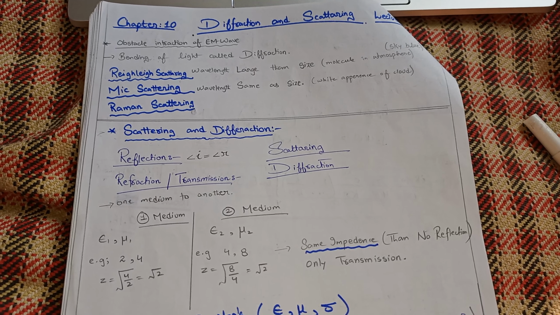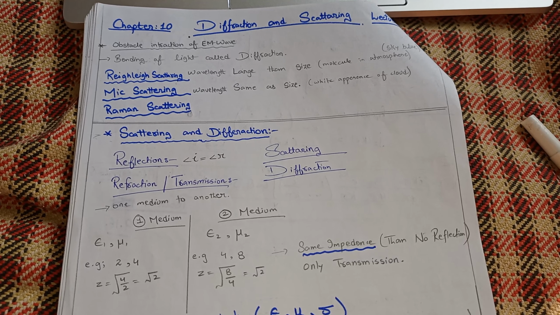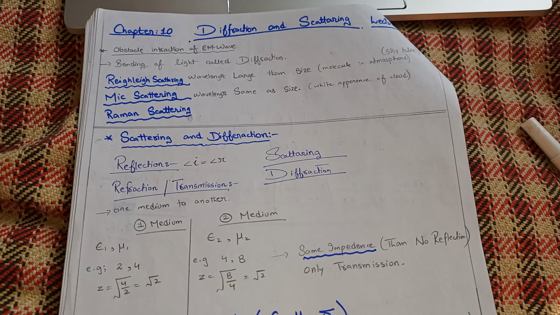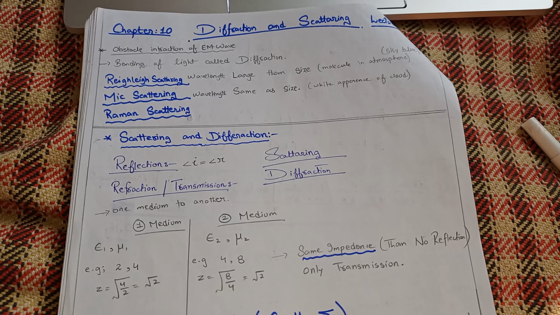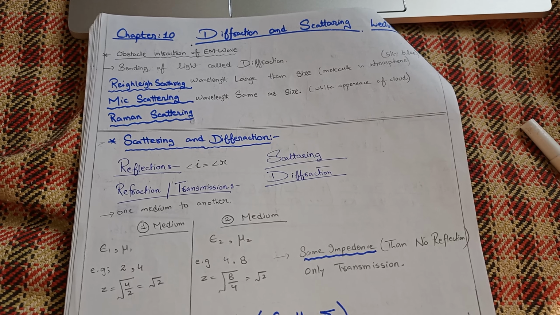Either it will diffract or it will be scattered. So one of these two phenomena should happen after your electromagnetic wave strikes the obstacle. There are three types of scattering we are basically discussing.